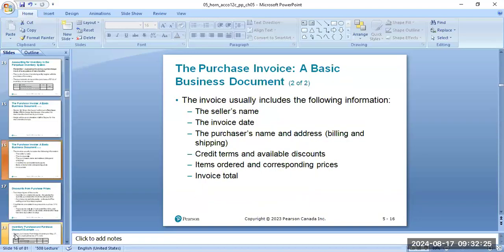Before we continue further, I want to make it clear: the price that we pay when we buy something is a mathematical function of two variables. The first is the number of units that we purchase, and the second is the price per unit.